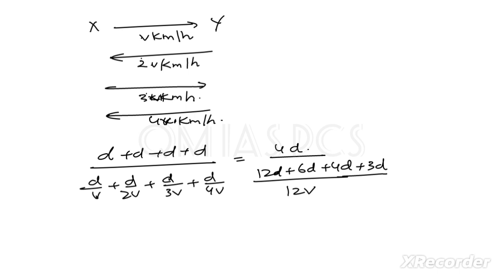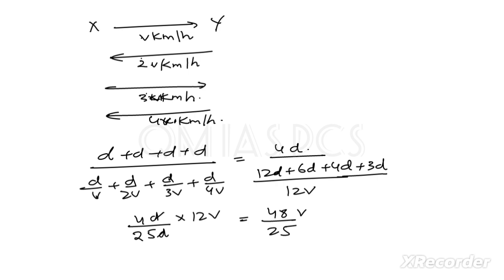So it will be 4d divided by 12 plus 6 plus 4 plus 3, that is 25d, over 12v. The d will be cancelled out. Now if you multiply this, it will be 48v by 25.